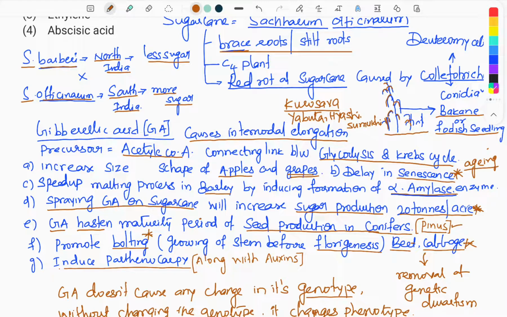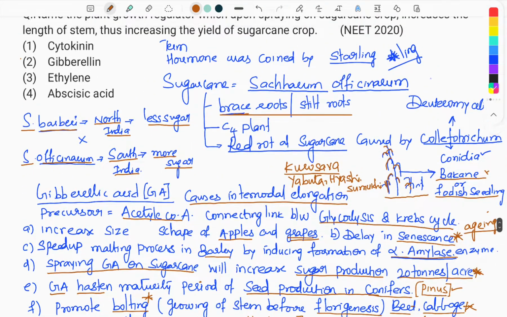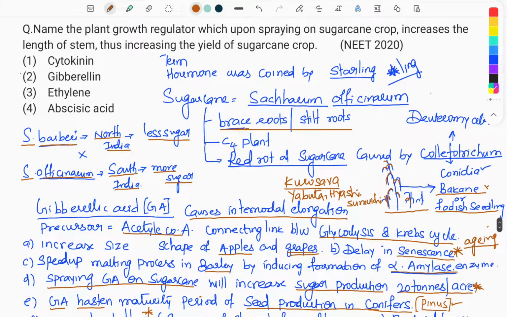It also increases internode elongation, and speeds up the maturity period, seed production in conifers, promotes bolting, that is elongation of the stem before flowering, removal of genetic dwarfism in beet and cabbage, induces parthenocarpy, that is formation of fruit without fertilization. Yes, so they are the physiological functions of gibberellic acid.